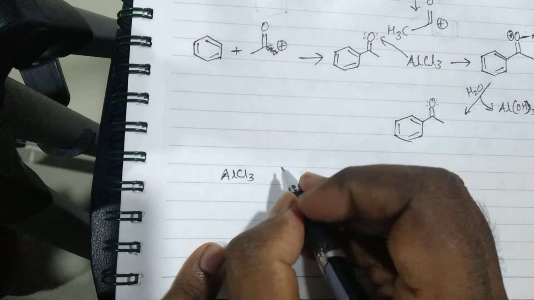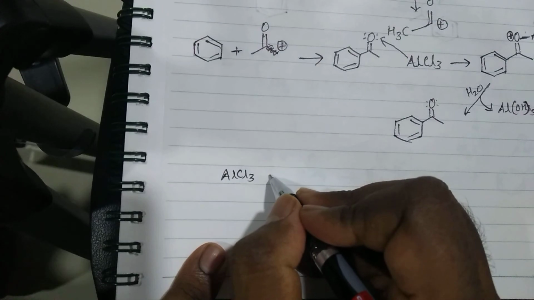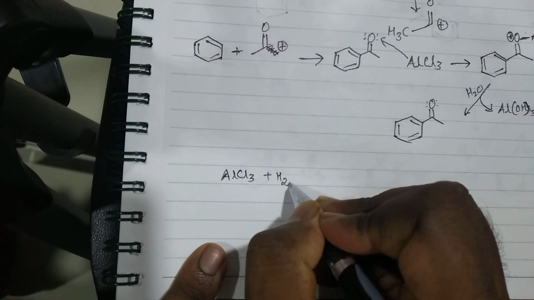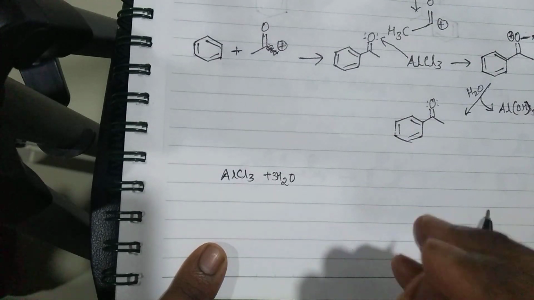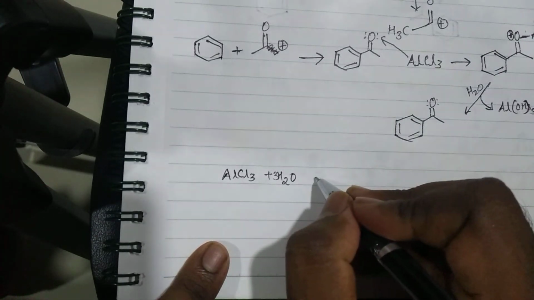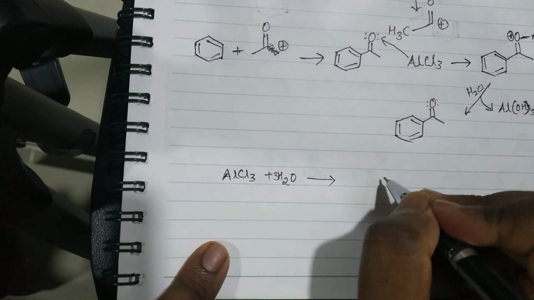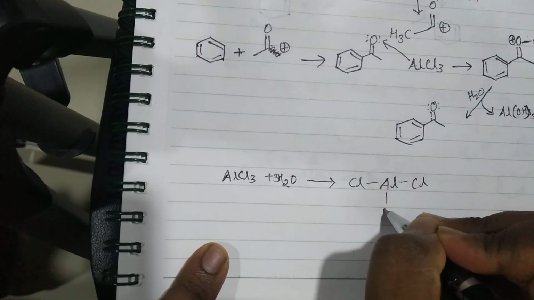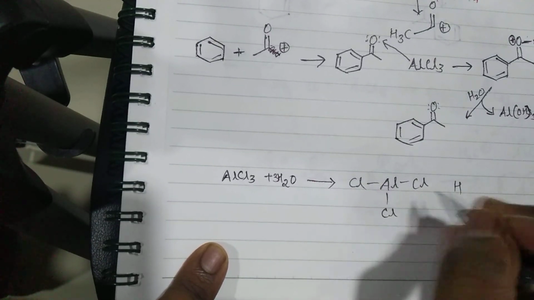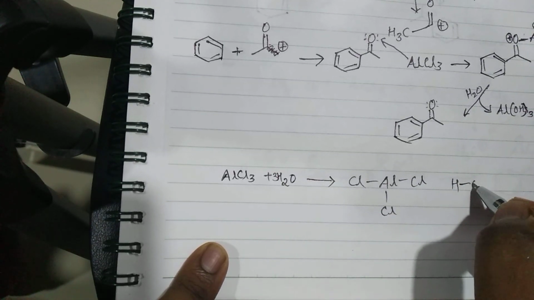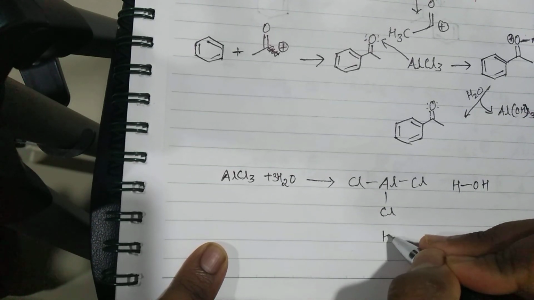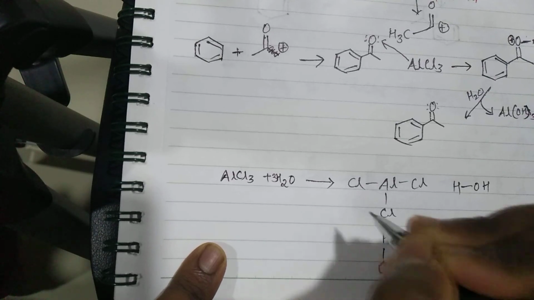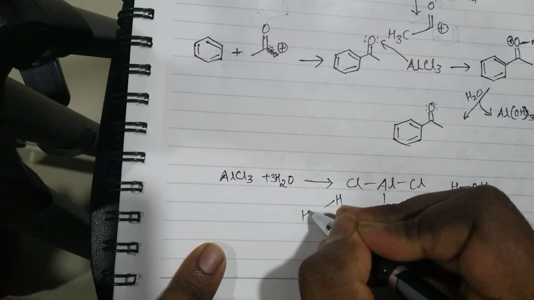I'm not showing that part, but the moment you add water, 3 parts of water will be picked up. So what actually happens here is you have aluminum, Cl, Cl, Cl, and then 3 parts of water, which I'll write in this format so that it becomes easy to understand.